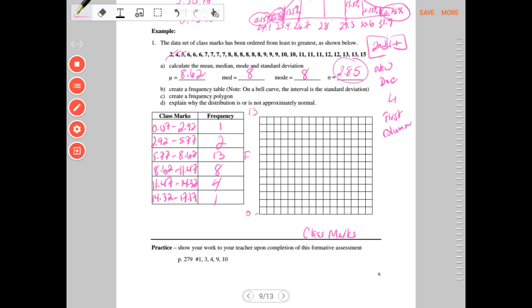Good, so every bar is worth 1. Here I'm going to start with 0.07, and I'm going to go over 2, and then I'm going to put my next first number. 5.77, 8.62, 11.47, and that one's going to be 14.32.